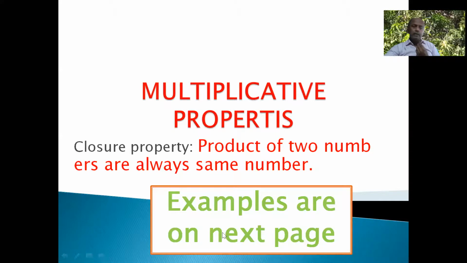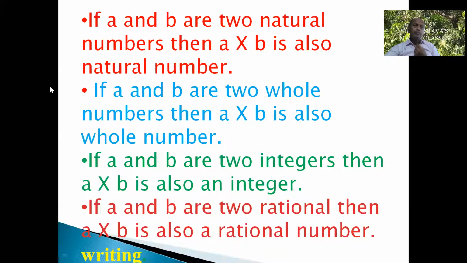Examples are clearly written over here, you can note down. If a and b are 2 natural numbers, then a into b is also natural. If a and b are 2 whole numbers, a into b is also whole. If a and b are 2 integers, a into b is also an integer. If a and b are 2 rational numbers, then a into b is also a rational number.